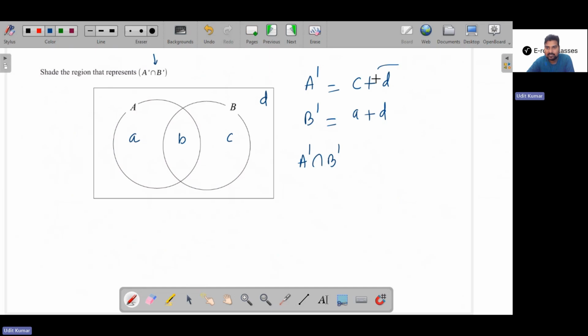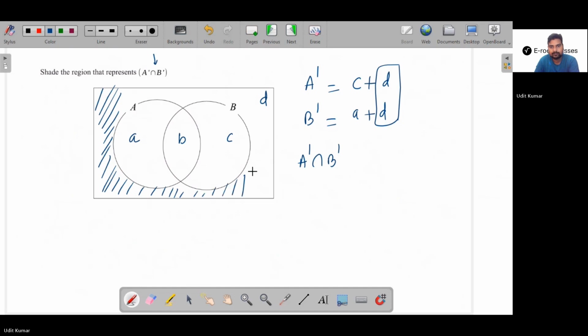If you clearly see, the region which is common in A complement and B complement is region D. So the intersection of not A and not B is going to be the outer region D. Okay, so this is how you can solve the questions easily.